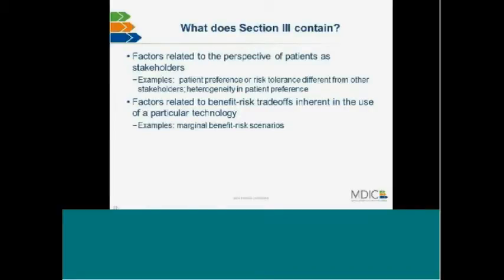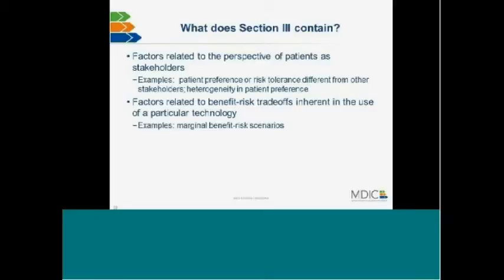So the second category of factors are factors related to risk-benefit trade-offs inherent in the technology. Here we use the example of a marginal benefit-risk scenario. You've seen the little 4x4 table now a couple of times. If something is low risk, low benefit, and maybe it's very close, or it's high risk, high benefit, it might be that patient preference information could be the tipping point to show that the benefit does exceed the risk.